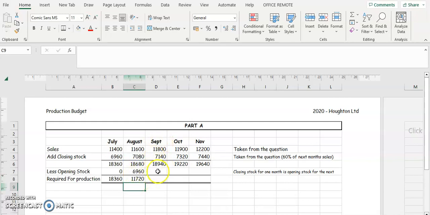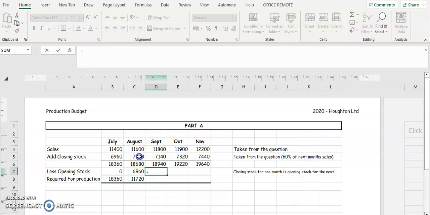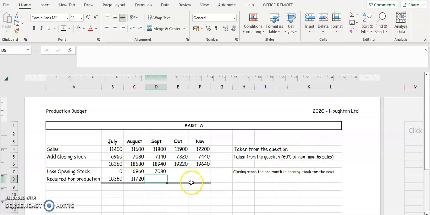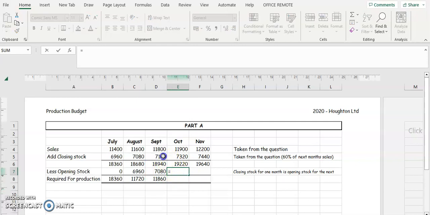For September, our opening stock is going to be the 7,800. Remember that 7,800 was 60% of the next month, so we have them produced already and we don't need to produce them again. All we're doing is that the closing stock for 1 month is the opening stock for the next.